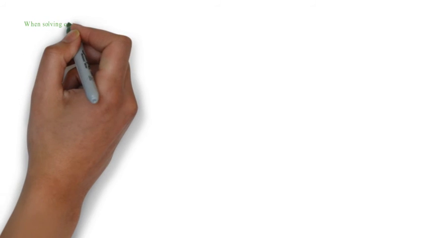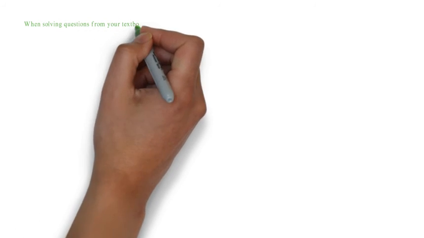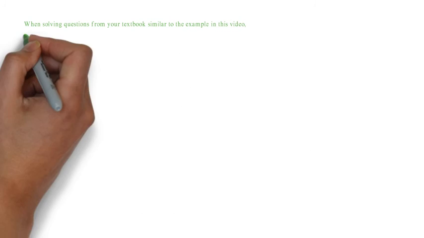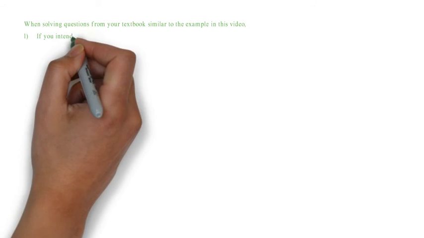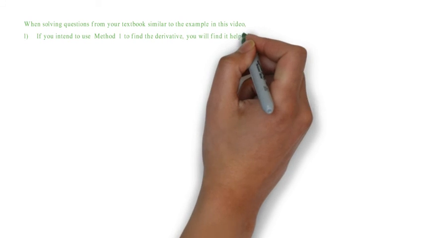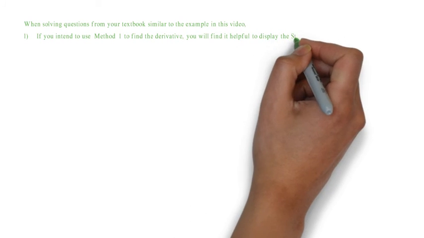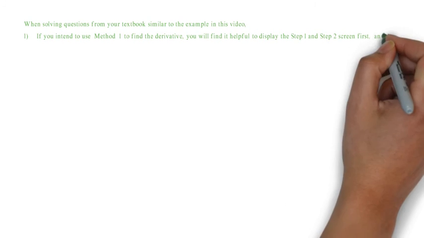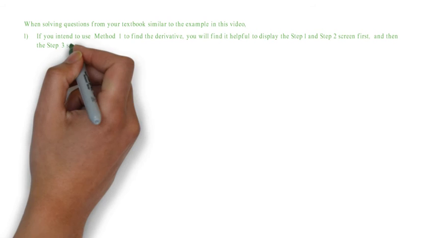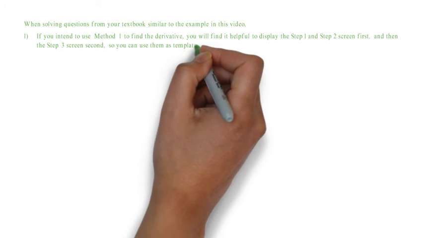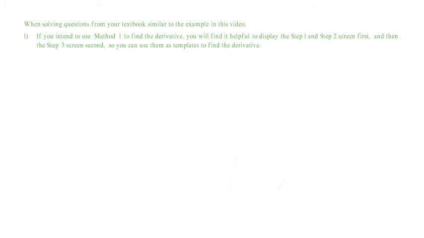When solving questions from your textbook similar to the example in this video: 1. If you intend to use method 1 to find the derivative, you will find it helpful to display the Step 1 and Step 2 screen first, and then the Step 3 screen second, so you can use them as templates to find the derivative.